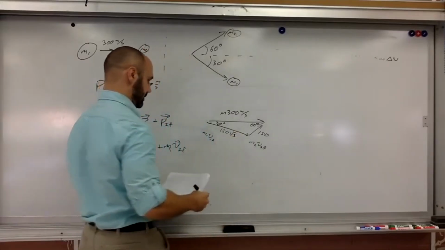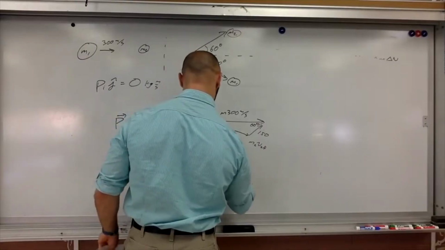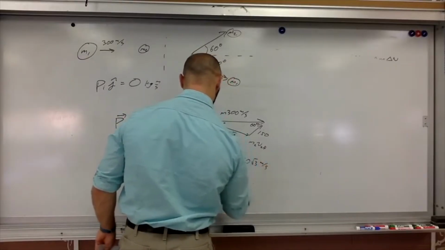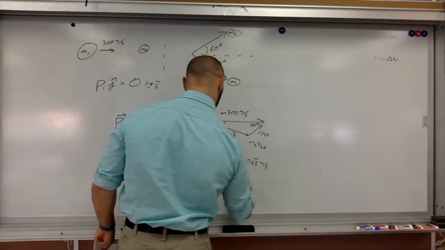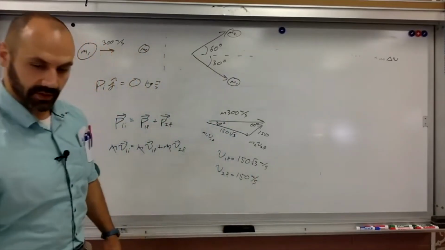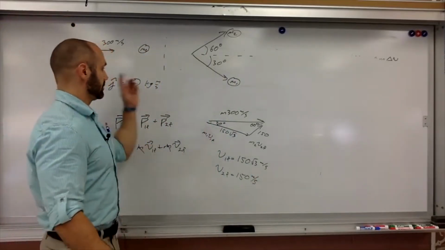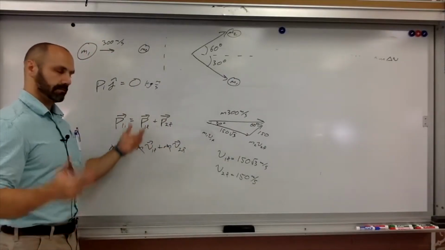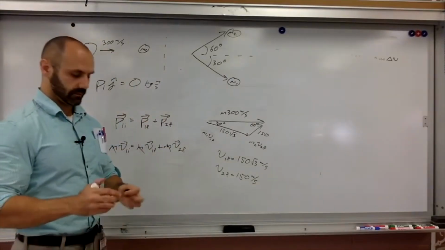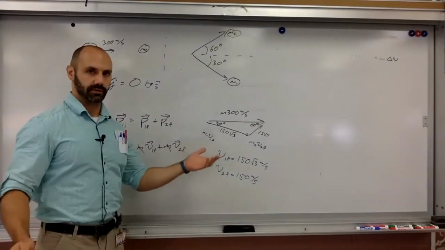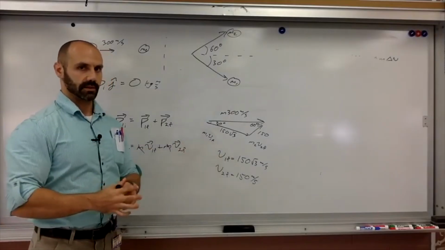Okay. And so the final velocities are v1f is 150 root 3 meters per second, and v2f is 150 meters per second. Again, nice thing about vectors, if you've got 90-degree angles and you've got some vector arithmetic where the vectors add up in this way, then you can use right triangles. Oftentimes it's going to be a Pythagorean triple or one of your unit circle triangles, and that makes it nice and easy.